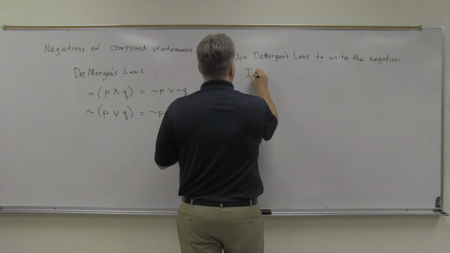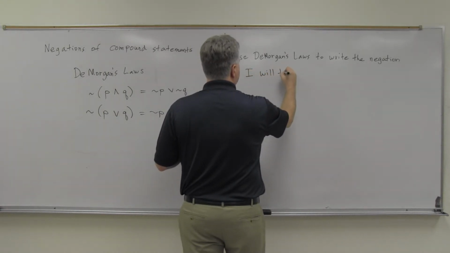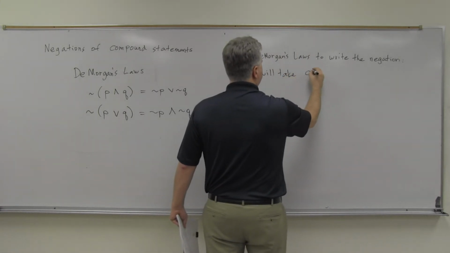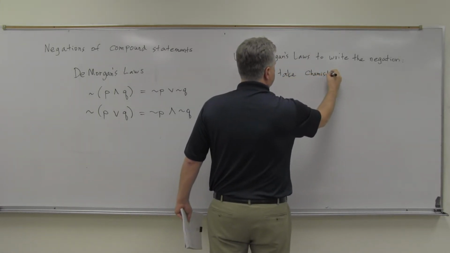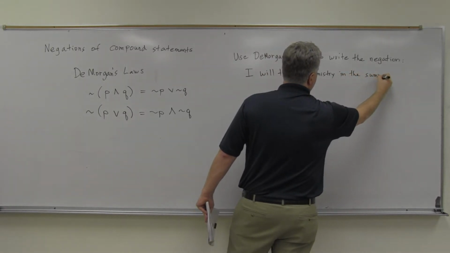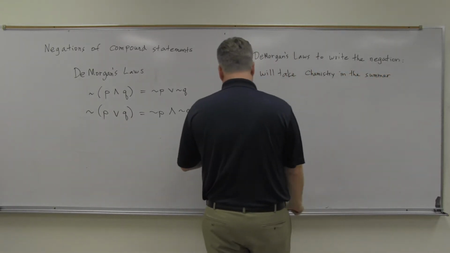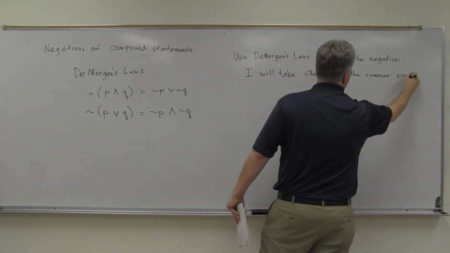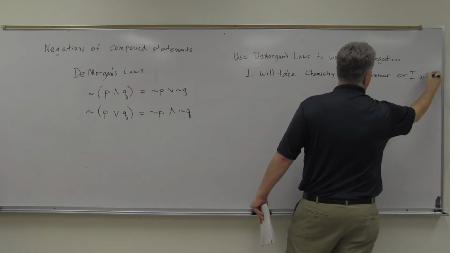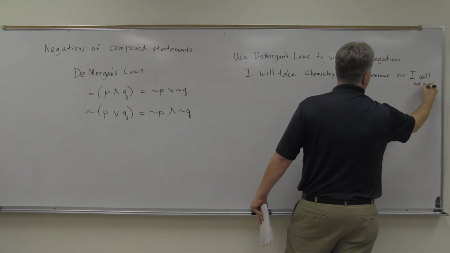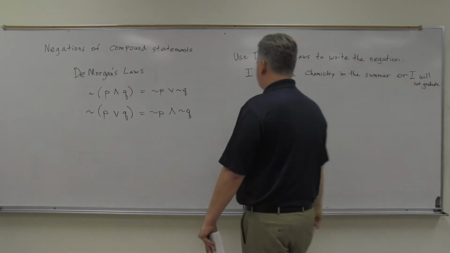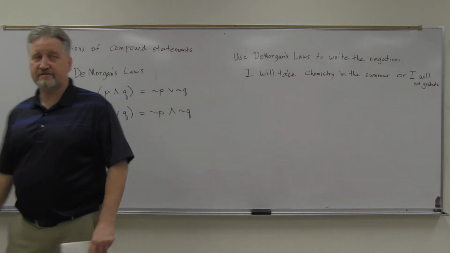This is the statement: I will take chemistry in the summer, or I will not graduate. Use De Morgan's laws to write the negation of that.